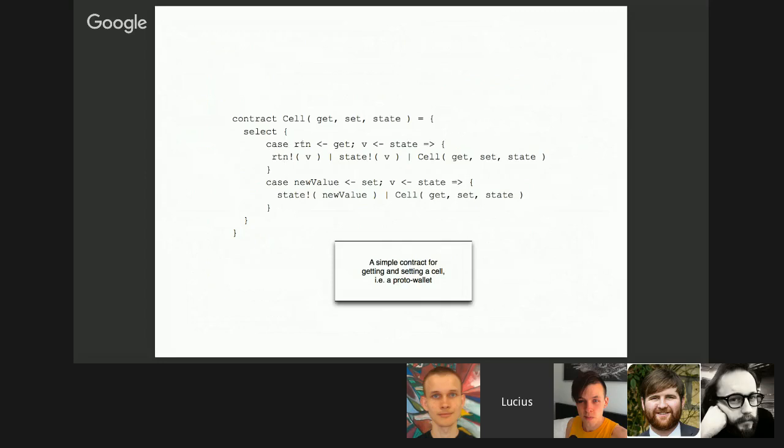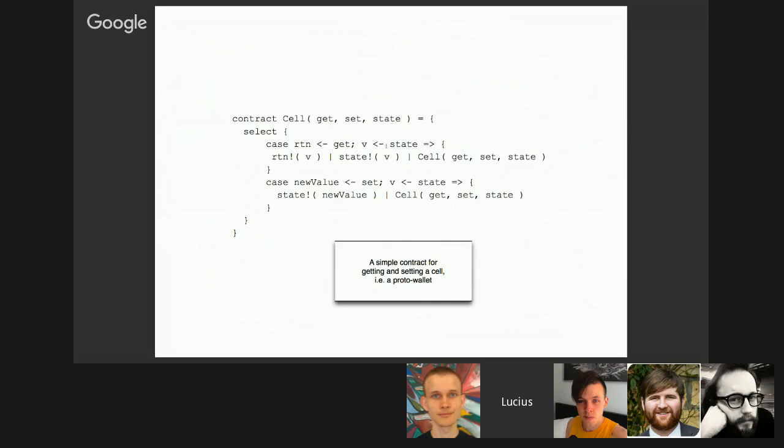So let's say that a get message comes in on the get channel. We use monadic notation here. Off of the get channel, we get a return address where we're going to return a value. Likewise, off of the state channel, which is where we store the state, we get the value.